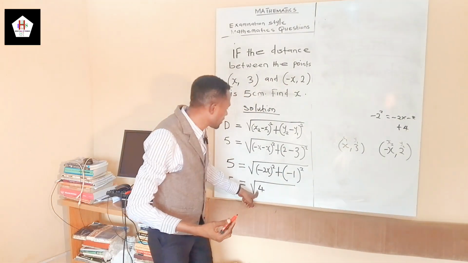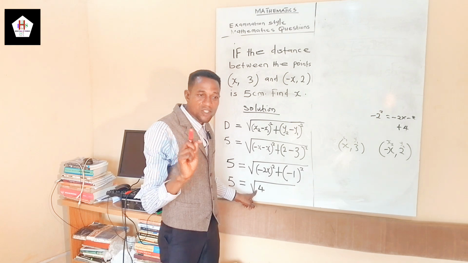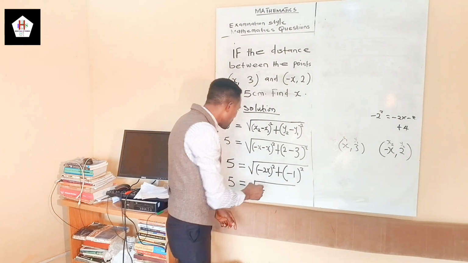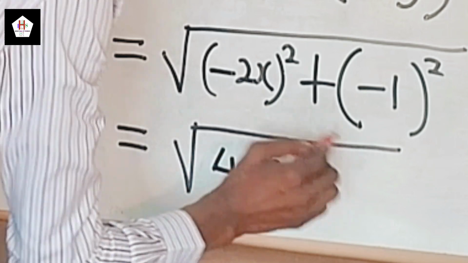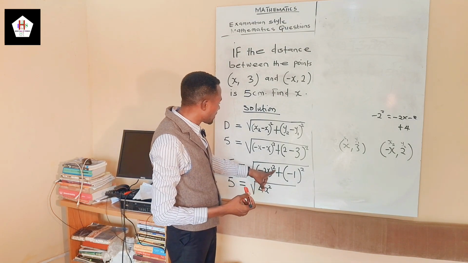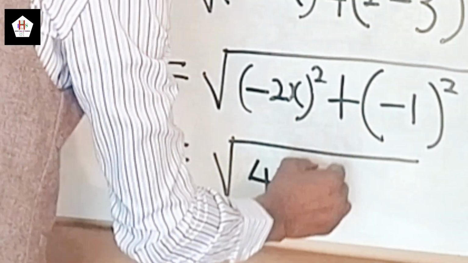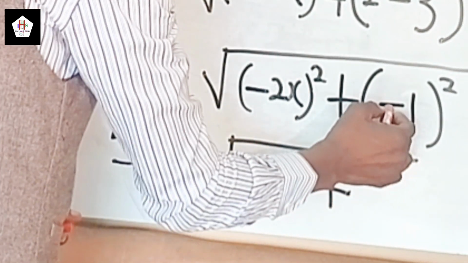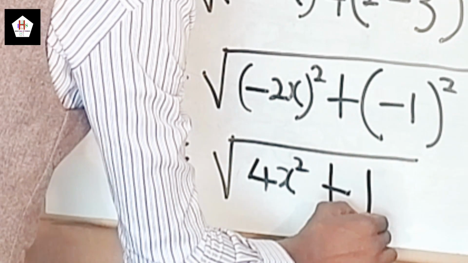Without putting a positive sign here, we know that it is already positive 4. Then our x remains x, but squared this time around, because everything inside this bracket must be affected by the square. And here we have minus 1 squared, of course, is 1.